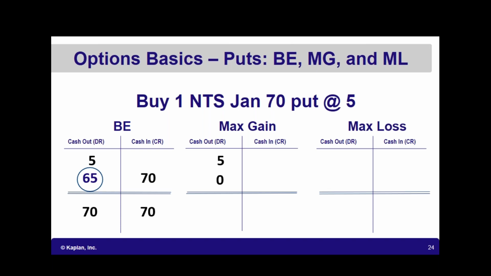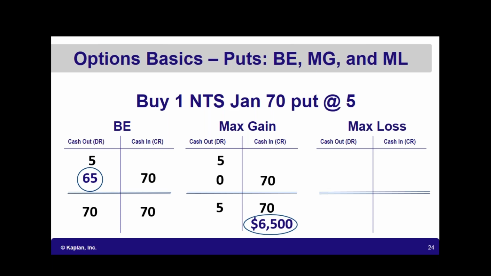So out of pocket, you've only paid technically $5 a share, but you're able to sell that stock for $70 a share. I think you're doing pretty good there. So if I'm totally out of pocket 5, but I can sell the stock for 70, how much did I make? I made 65, or $6,500. $65 a share, or $6,500.